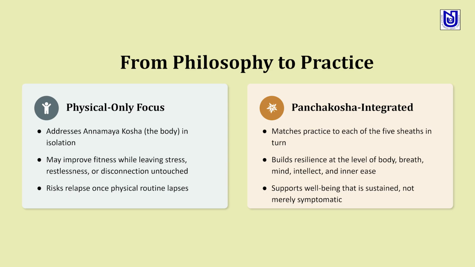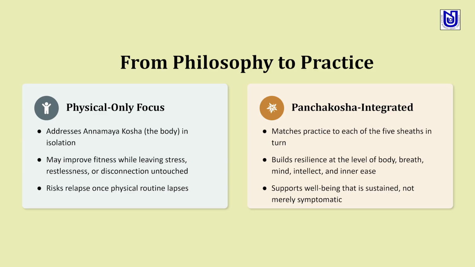Yogic thought holds that ill-being arises from imbalances at one or more of the koshas or sheaths of human existence. Therefore, true wellness is not the fitness of the body alone, but harmony sustained across all 5 sheaths or layers of existence. If we focus on the physical aspects alone, then we are addressing the Annamaya Kosha or the body alone.